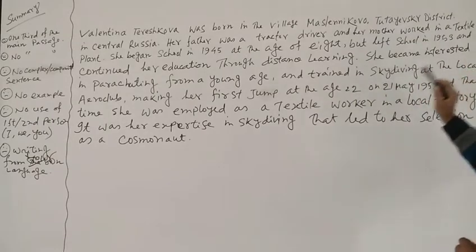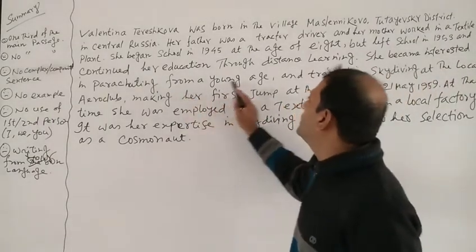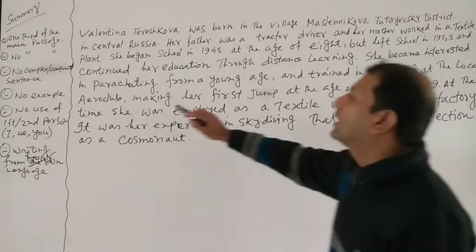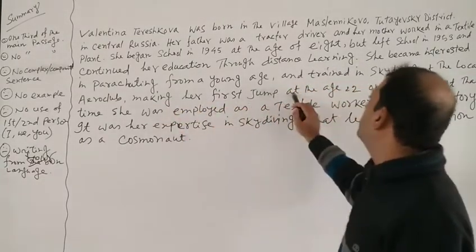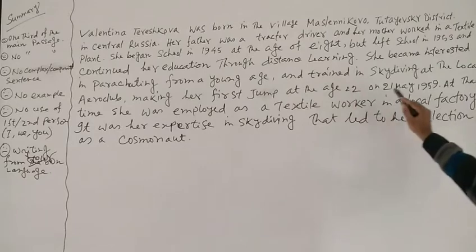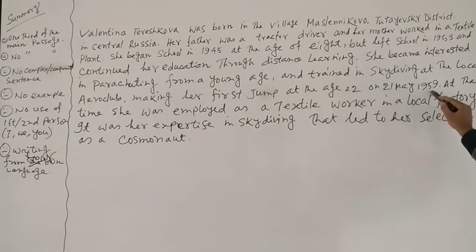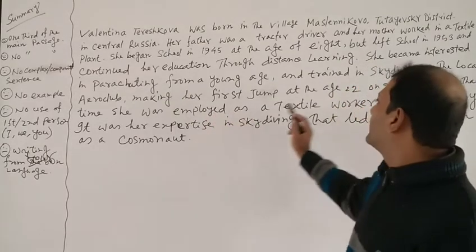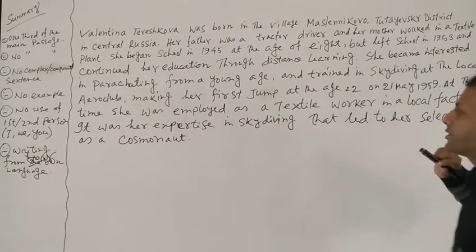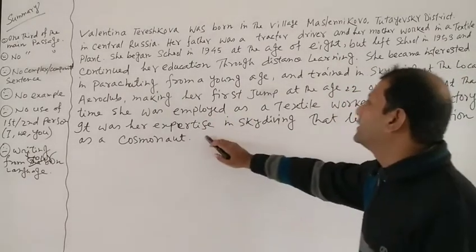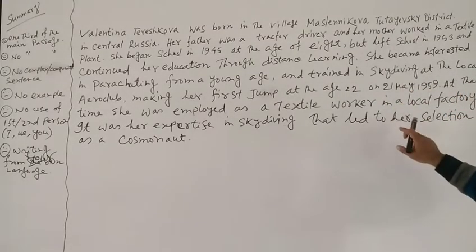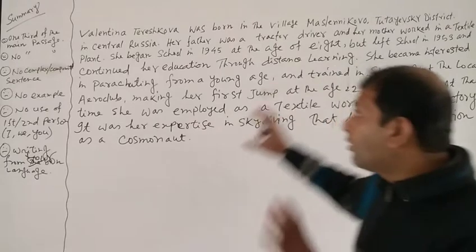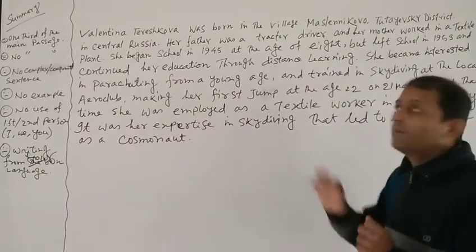She became interested in parachuting from a young age and trained in driving at the local aero club, making her first jump at the age 22 on May 1959. At that time, she was employed as a textile worker in a local factory. It was her expertise in skydiving that led to her selection as an astronaut. Okay, that's all about the passage that I have put.